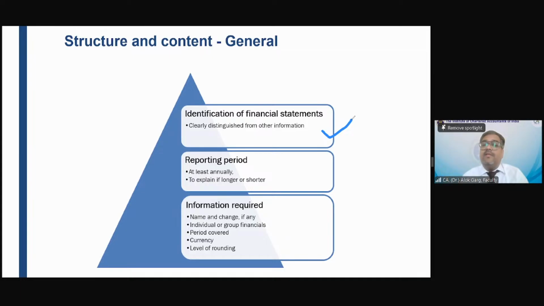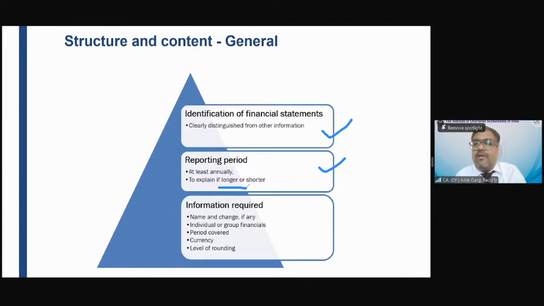Okay. So reporting period, it says at least annually. If the reporting period is longer or shorter, when can your reporting period be longer or shorter? Can you please tell me when your reporting period would be longer or shorter? If it is a newly incorporated company, for example, the company was incorporated on 1st October 2024, you are presenting 6 months financial statement only for the first year, right?